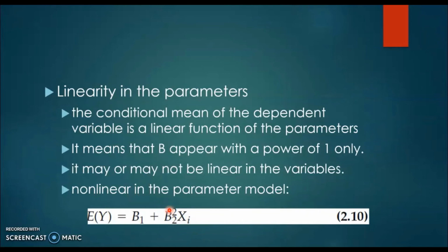In other words, from now on, when we say linear regression, it actually refers to a regression that is linear in parameters, where the beta values are raised to the power of 1 only, and it may or may not be linear in the explanatory variables.